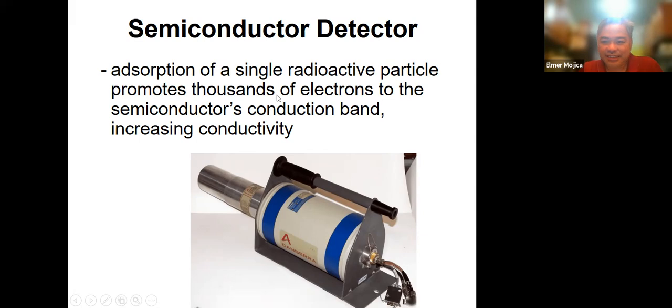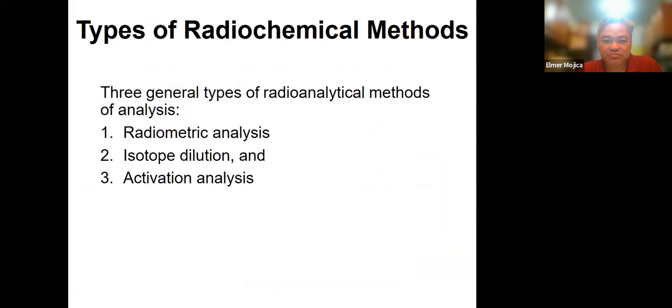Okay? And I think I have some what we call simple problem here in addition to the one that we have. So meron tayong tinatawag na radiometric analysis, isotope dilution, at yung tinatawag na activation analysis. Okay?